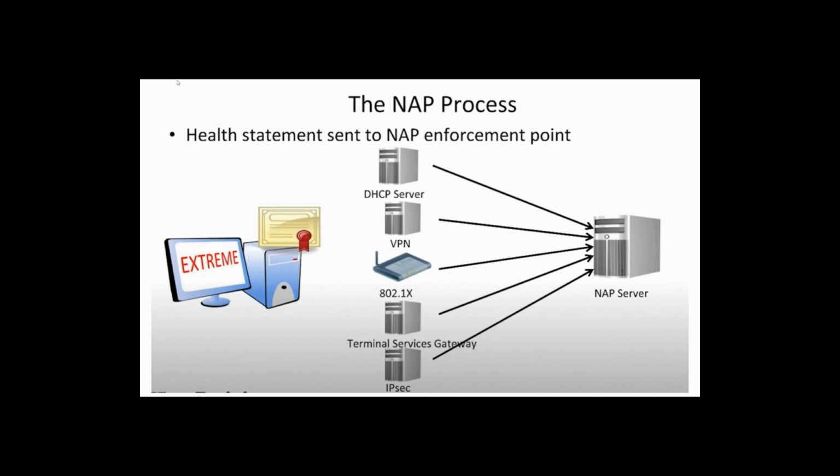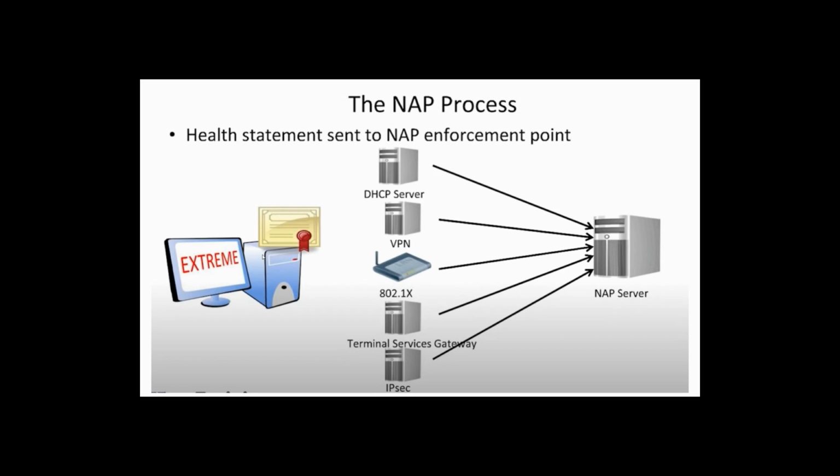Let's say here we have a client, and when we say an extreme client, that means a client with updated antivirus, with all service packs updated, and also the firewall enabled, and so on. So this is an extreme client who can pass all the health checks, and then we have many kinds of NAP enforcement points that we could have.